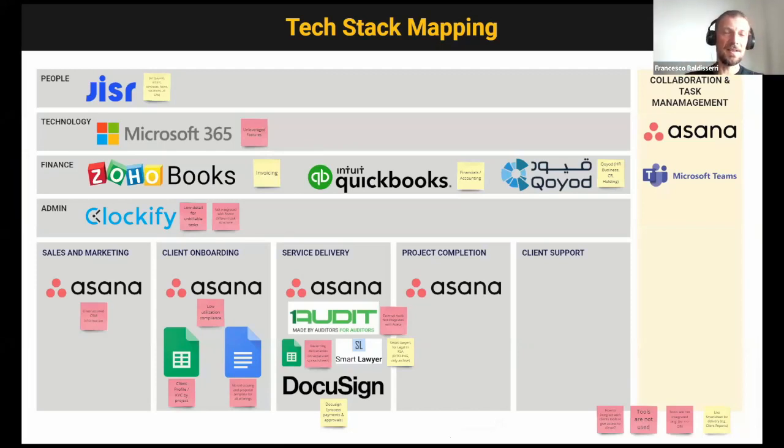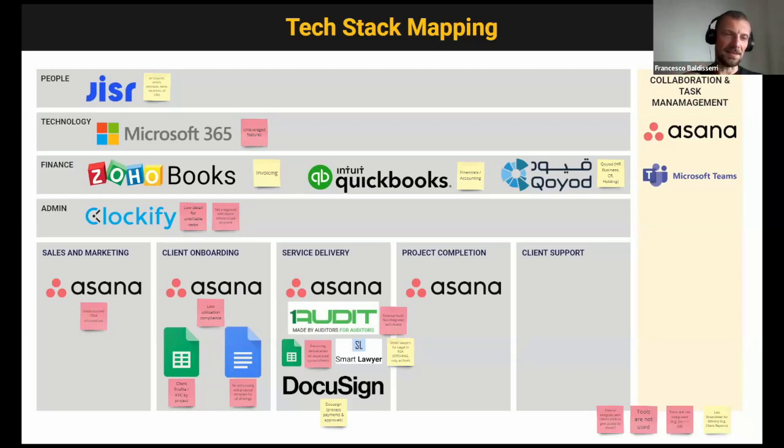Then again, we have Asana for project delivery, for client onboarding, and also for sales and marketing, even though it's not a tool that was born to be used as a CRM. But the issues that we normally see are not related to the tool itself, but more to the way the tool is used.